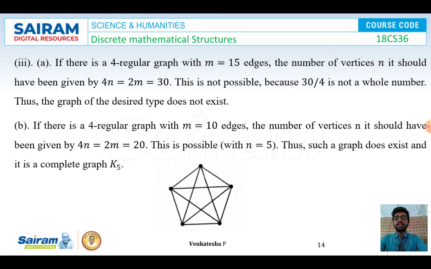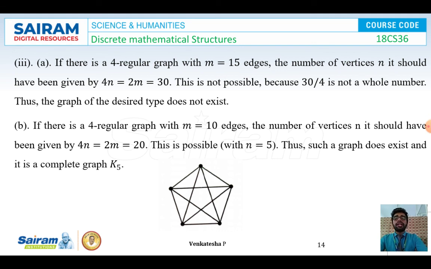Similarly, the next condition is a 4 regular graph with 15 edges. In the equation, I'll replace k is equal to 4 and m is equal to 15. I'll get n is equal to 30 by 4. Same thing here also, this 30 by 4 is not a whole number, so we cannot plot a graph with this number of vertices.